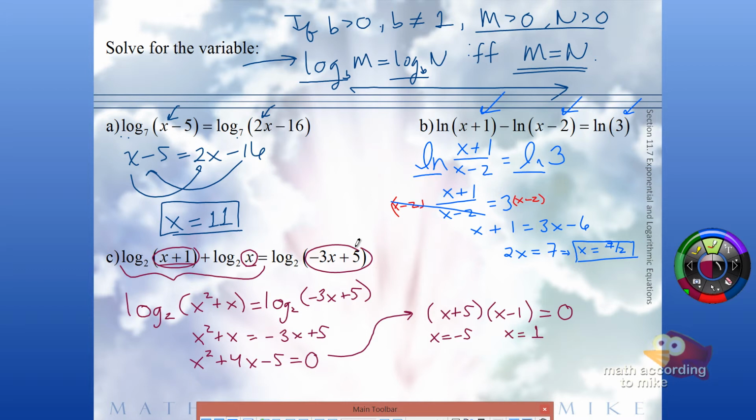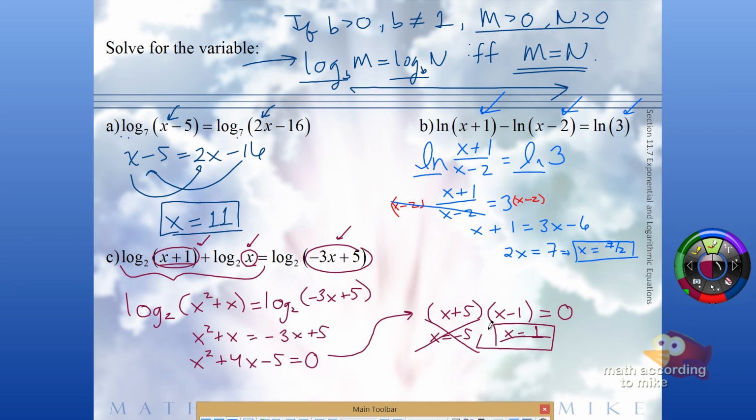You can't have a negative argument. So negative 5 is bad. All it takes is for 1 to fail. Notice on the right-hand side, negative 5 would have been A-OK. However, since it failed on both of these, again, all it takes is 1. We stop and say that guy's not a solution. But how about x equals 1? If I plug in 1 here, I get 2. Here I get 1. Here I get 2. That's okay. So x equals 1 is your only solution.